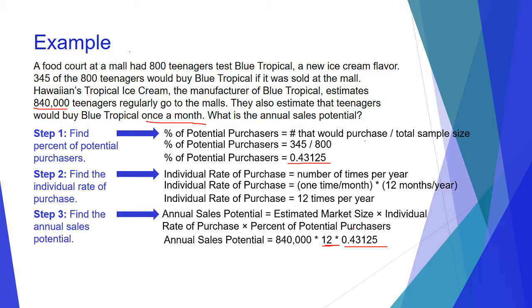Plug it into your calculator or multiply by hand, up to you. That means on average per year, 4,347,000 teenagers will buy Blue Tropical.